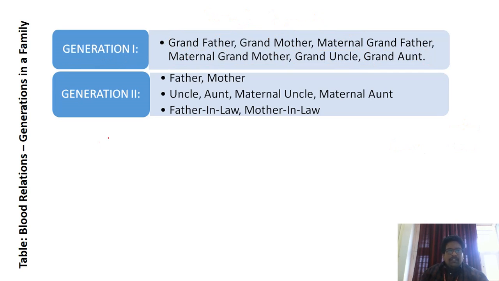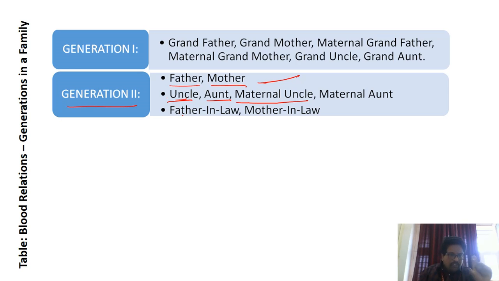Next, coming to the second generation, this is our parent generation. The first category is parents, father and mother. Next, we have uncle and aunt. Who is an uncle? Generally, uncle means father's or mother's brother. But here, as we have already mentioned, maternal uncle is a mentioned term, so by default I have to treat this uncle as paternal.